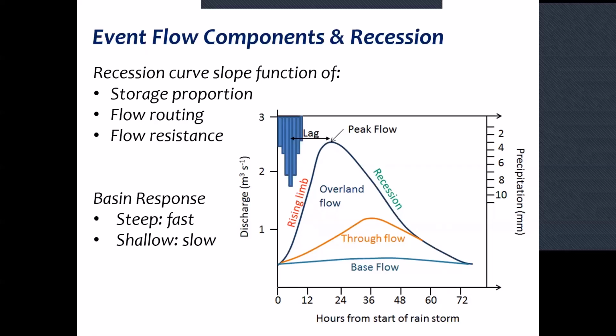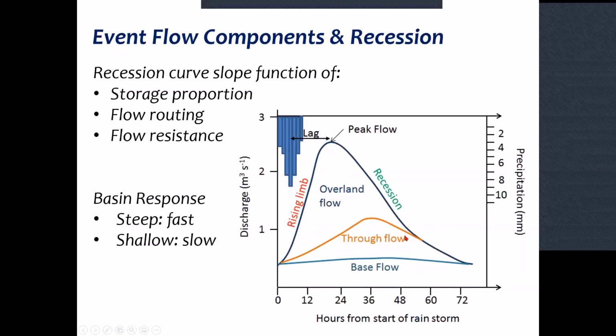And we'll look at these in a future lecture. But the point is, this notion of a through flow or interflow is intended to account for the fact that there's more than just base flow and overland flow in a hydrograph. And so modern hydrological models tend to break down the flow into these various pathways.